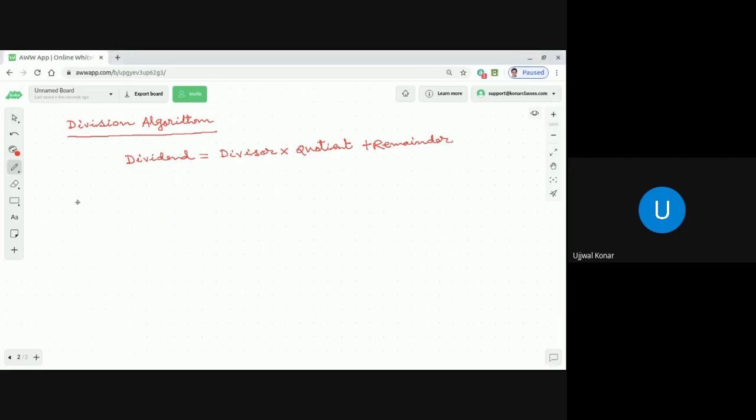Suppose we are going to apply the same thing for polynomials. Suppose the polynomial f(x) is divided by the polynomial phi(x). So what are we going to write?